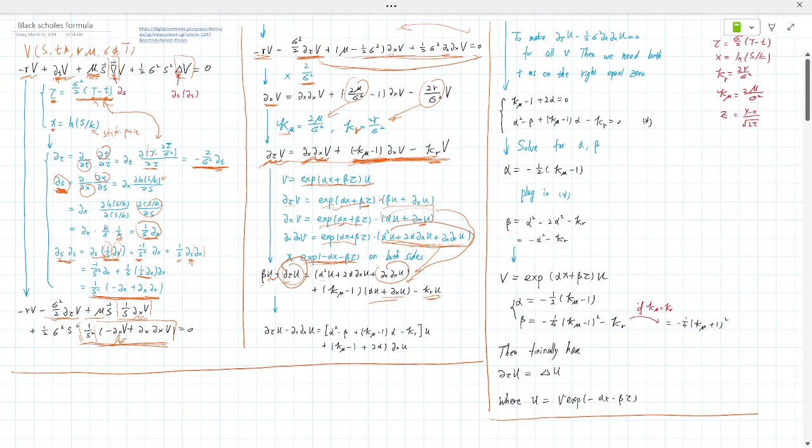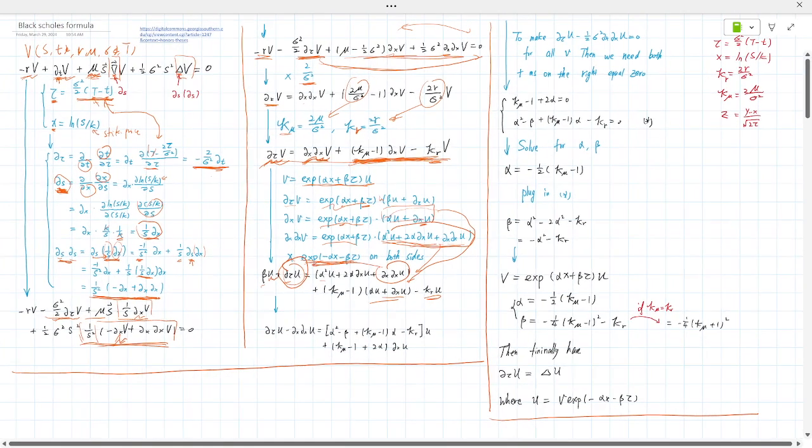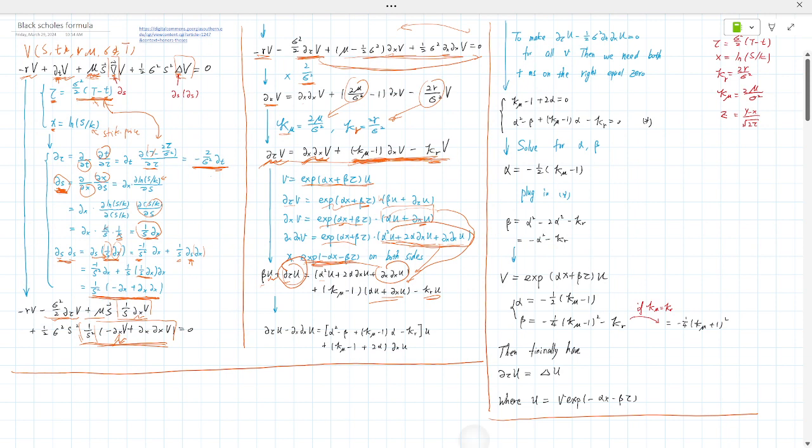Let it all go to the left-hand side. That's what we have. And group everything by u, dxu. For u, we have beta, alpha squared, alpha, kappa mu, kappa r. We have this. And then group everything by dx du, this and this.